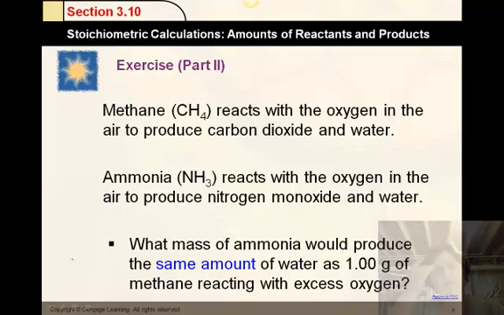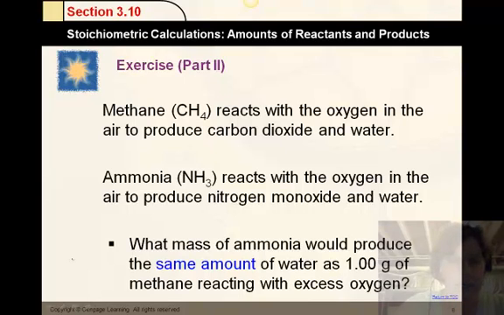Now the same question is used, and now they're asking about what mass of ammonia would produce the same amount of water as 1 gram of methane reacting with excess oxygen. This is a pretty interesting question. I like it because it uses information from one equation you then have to solve, and then you have to use that information to actually answer the question, in this case, what mass of ammonia.